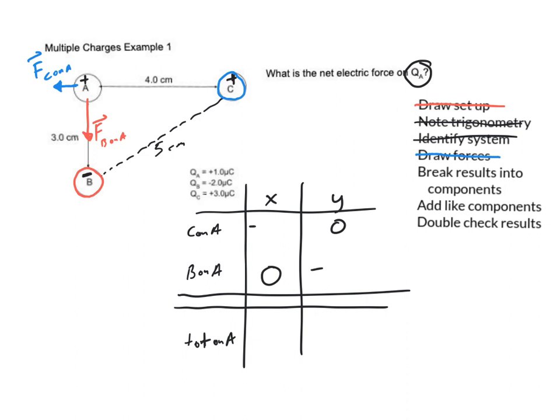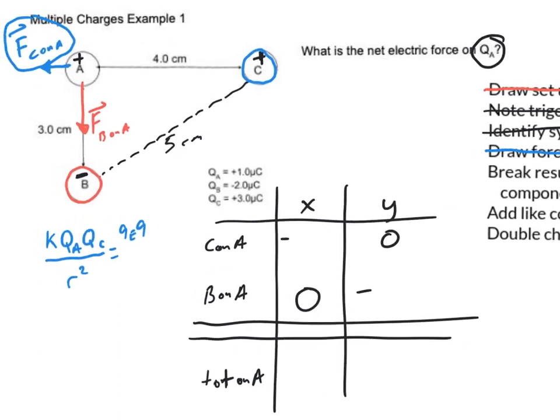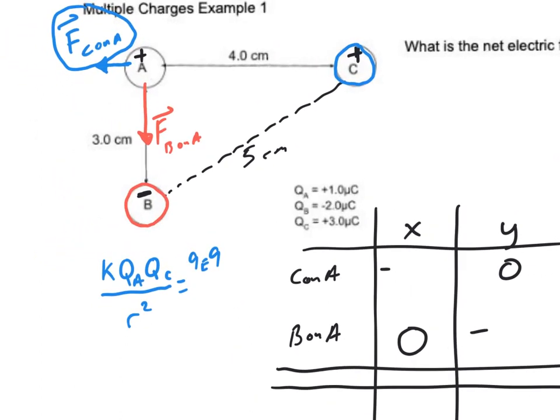What is the magnitude of each of those forces? Well, C on A. C on A is going to be K QA QC over R squared, which is going to be 9E9 multiplied by QA, which has a 1 microcoulomb charge, times 1E negative 6.